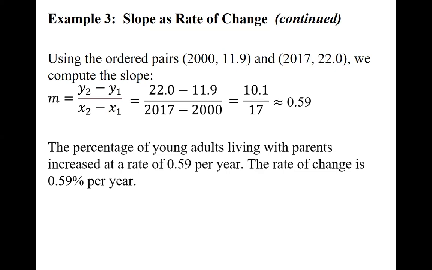So the interpretation of a slope of about 0.59 is that the percentage of young adults living with parents is increasing at a rate of 0.59 per year. The rate of change is 0.59% per year. And that makes sense.